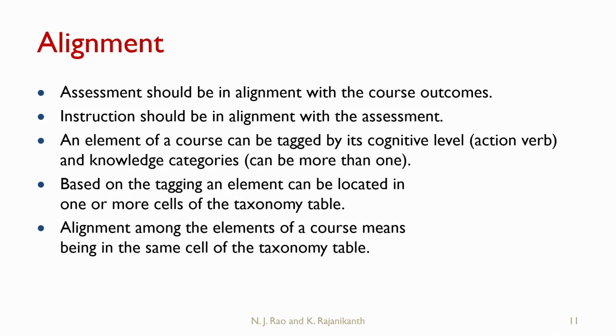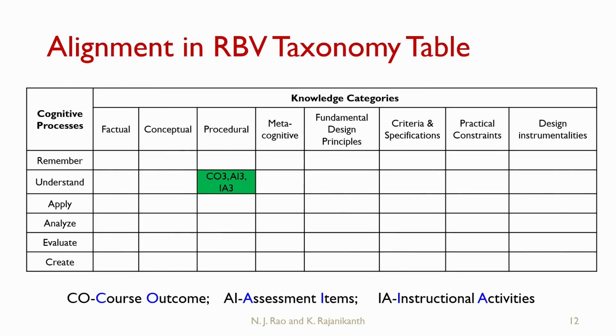So, alignment among the elements of a course means being in the same cell of the taxonomy table. If all the three activities are in the same cell, then all the three are aligned. That is how we look at alignment. Now, we looked at the RBV taxonomy table, and the same thing will be applicable to the RB taxonomy table as well. And here we are looking at the cell 2, 3, that is understand procedural.